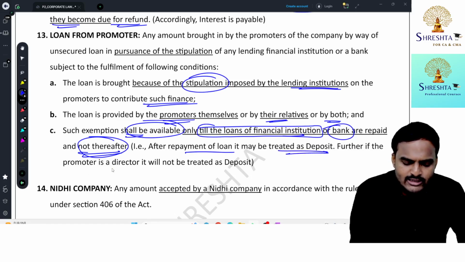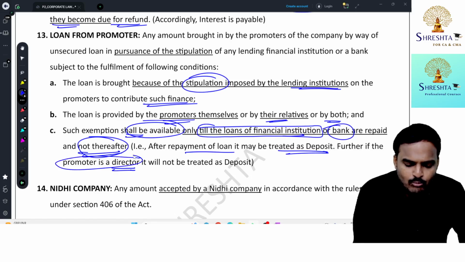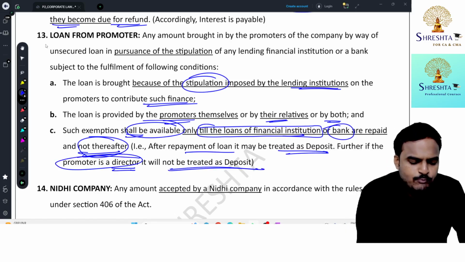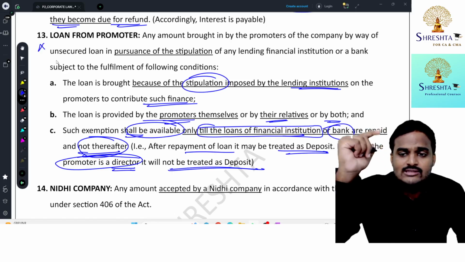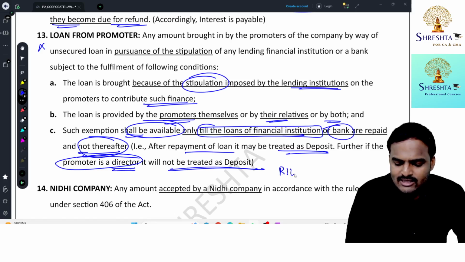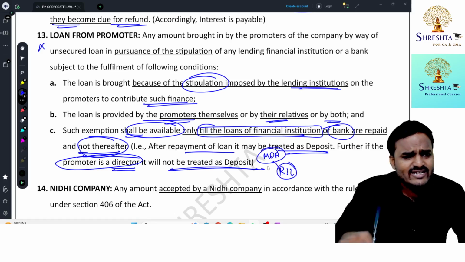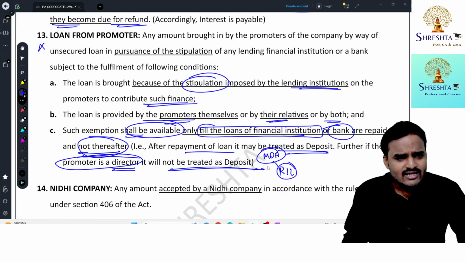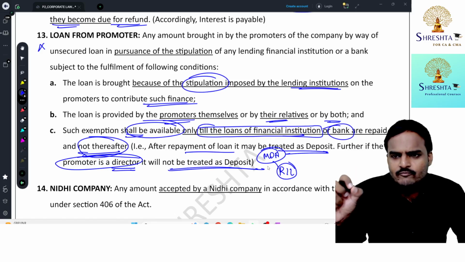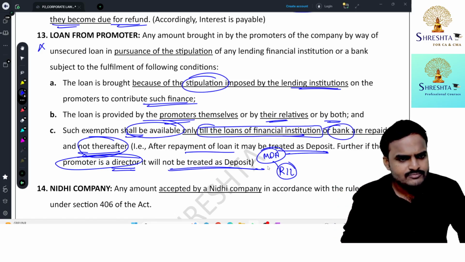Further, if the promoter is a director, it will not be treated as deposit. Why? Of course, this point will not apply, but the above point, loans received from the directors, not a deposit, right? If you look at Reliance Industries Limited, Mr. Mukesh Dhirubhai Ambani, he is a promoter as well as a director. He lent money to the company in the capacity of promoter for the purpose of getting loan from a financial institution.